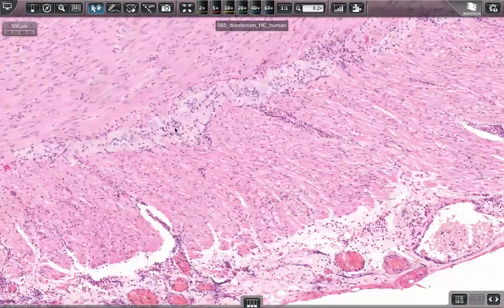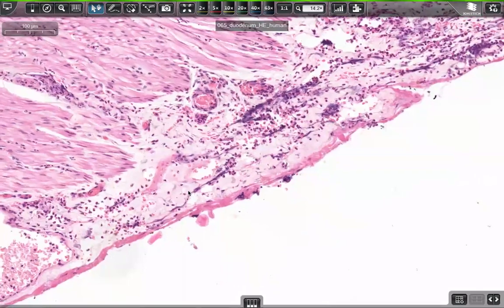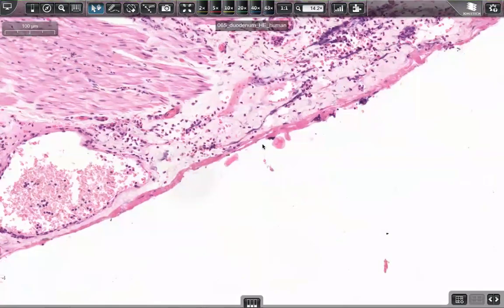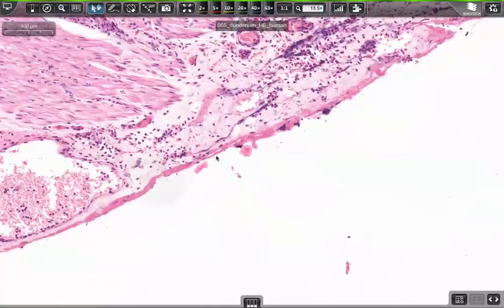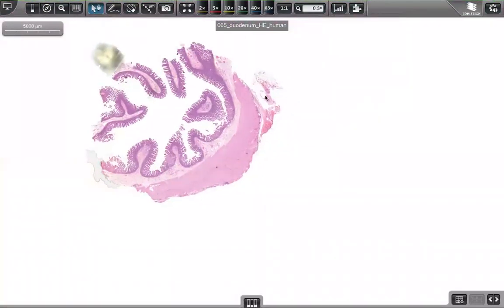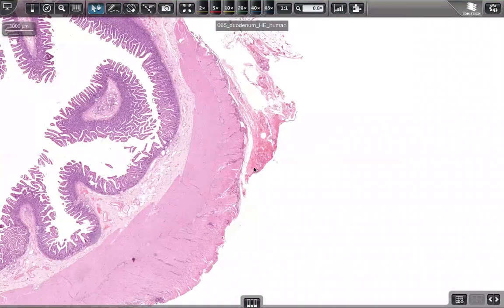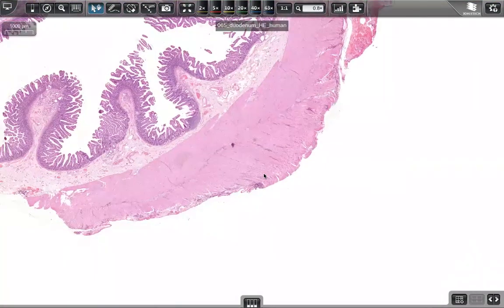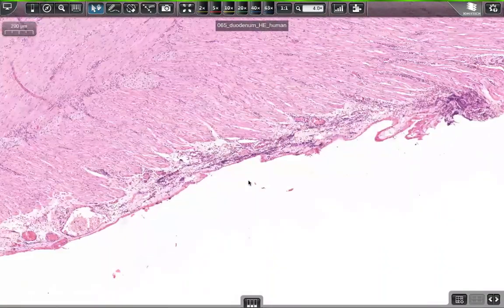And then looking at the surface, if we can find a simple squamous covering, maybe there. Yeah, because it's definitely not. So here we have a thick connective tissue, so it's adventitia. You know, the upper part of the duodenum represents peritoneum.